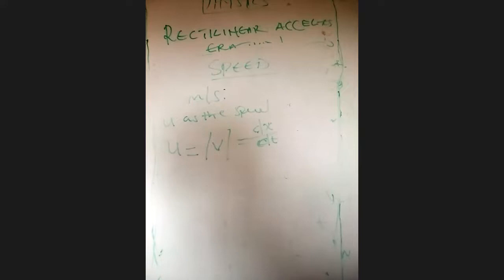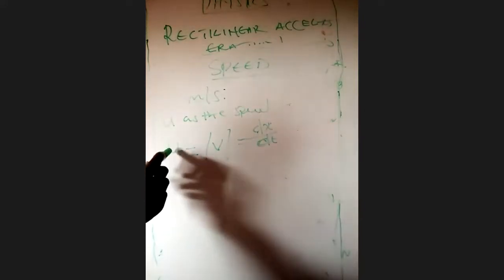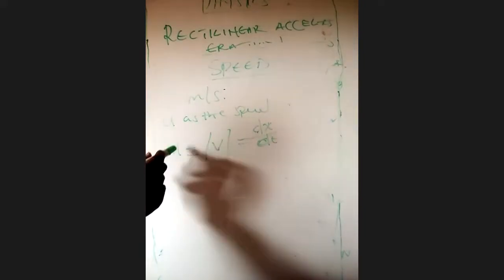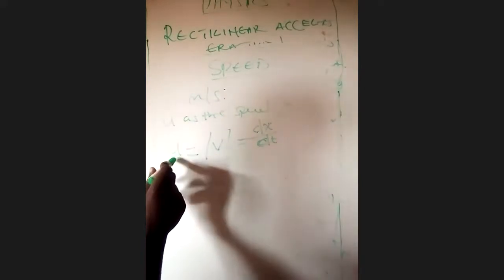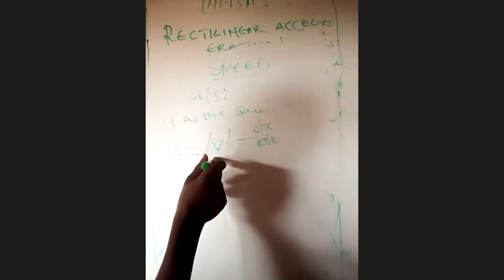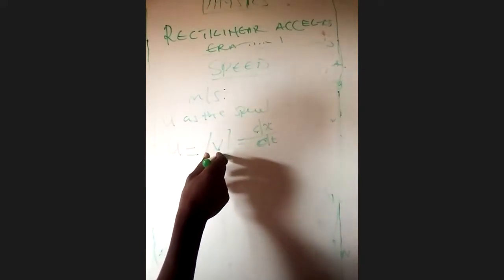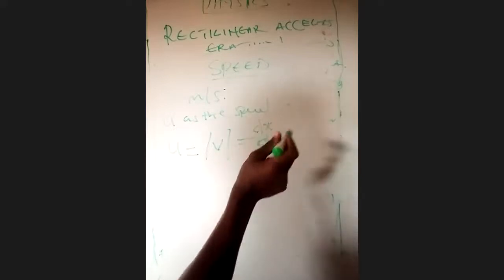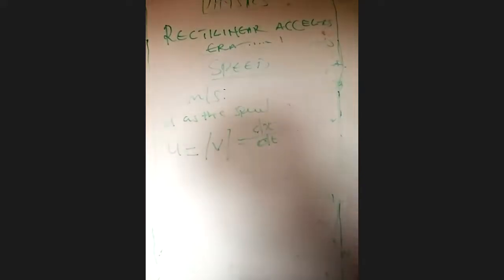Now we are dealing with speed, and I said speed is the absolute value of velocity. We assume that u is the speed here. So if u is the speed and speed is the absolute value of velocity, that means u will still be equal to the magnitude of velocity, and our velocity under instantaneous velocity is ds/dt.